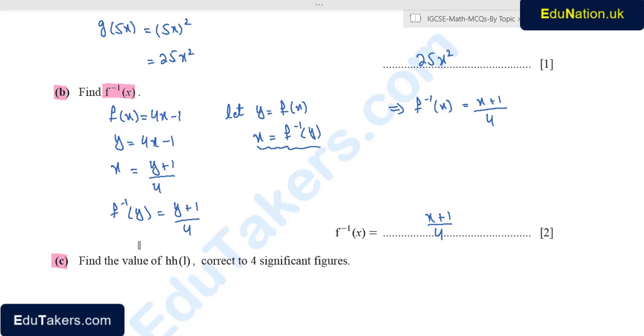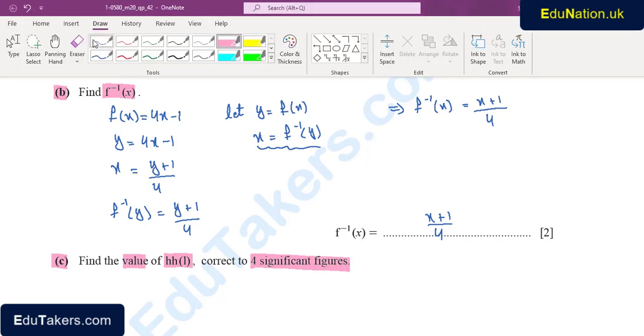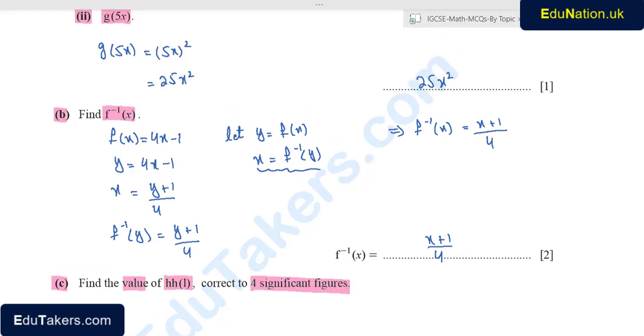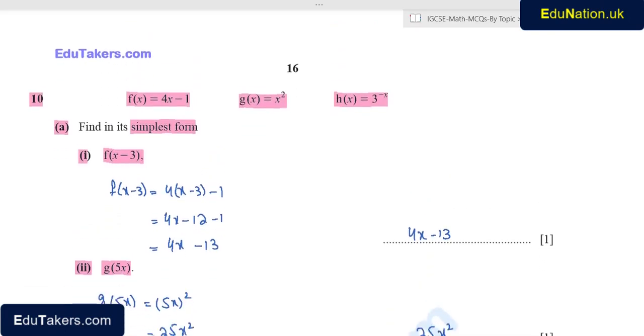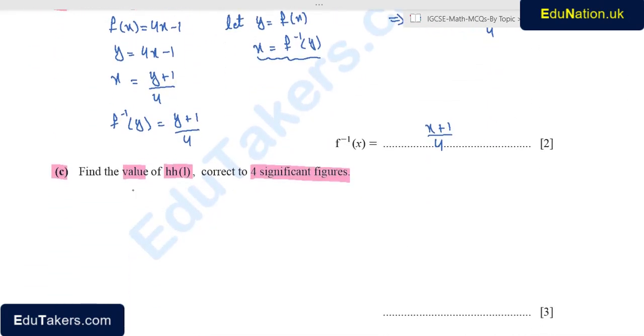Part C is find the value of h of h of 1 correct to 4 significant figures. Now h of x is 3 raised to power minus x.